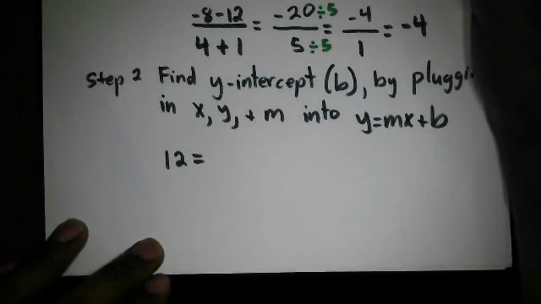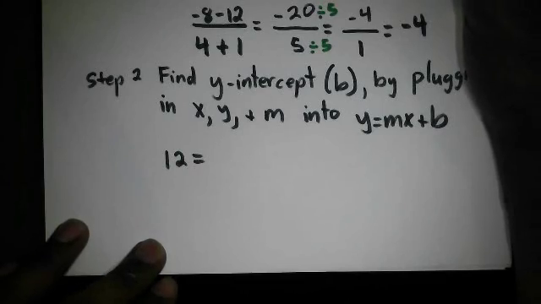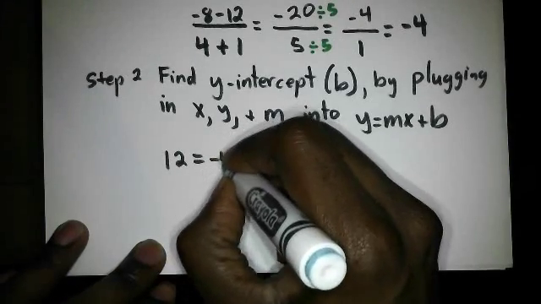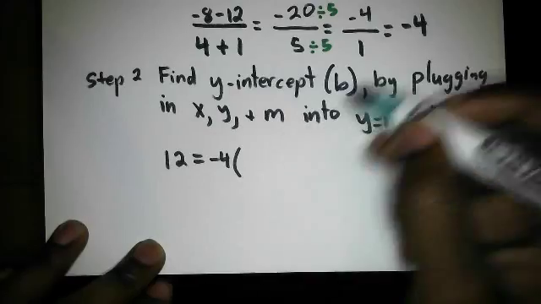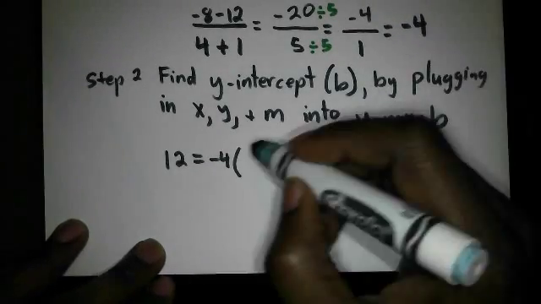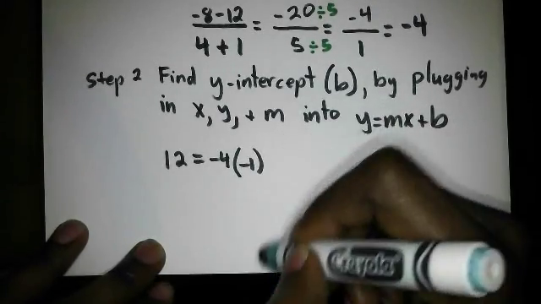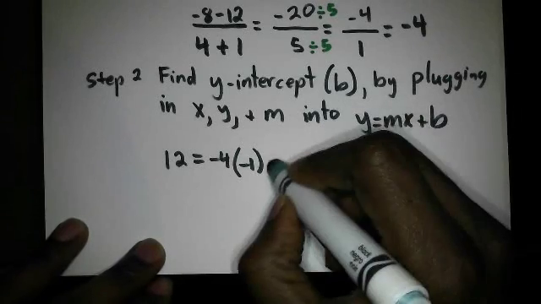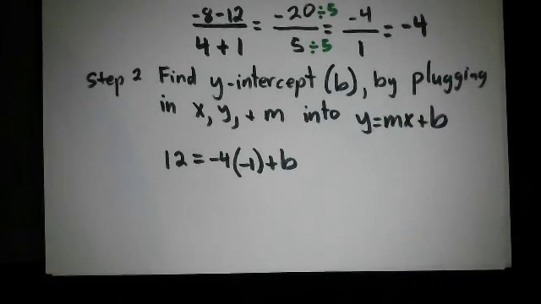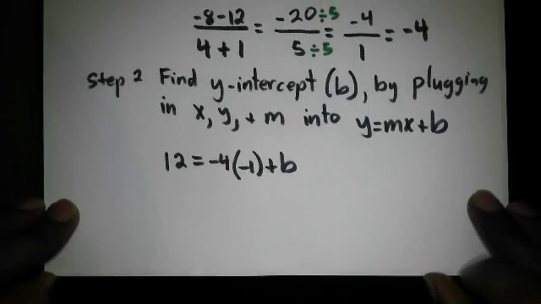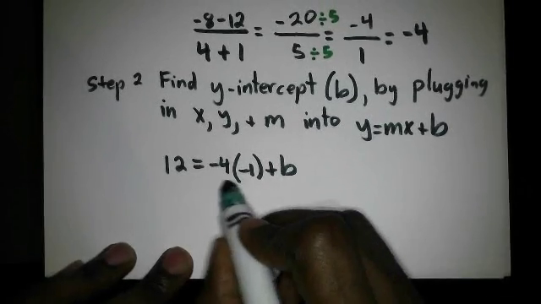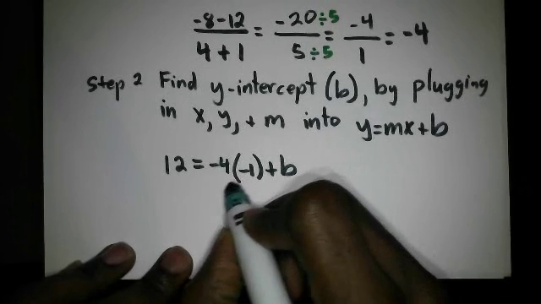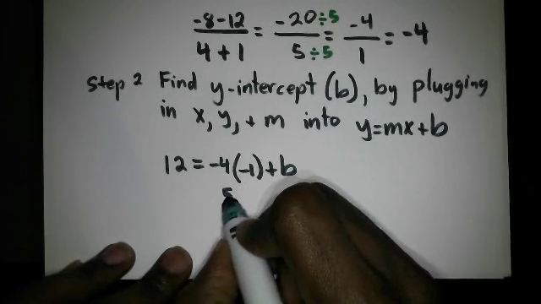Remember, we just found m, which is -4, times x. We notice that it is -1, if we've written it down, plus b. B is what we're looking for. Now that we have this, we're going to simplify -4 times -1, which is +4.